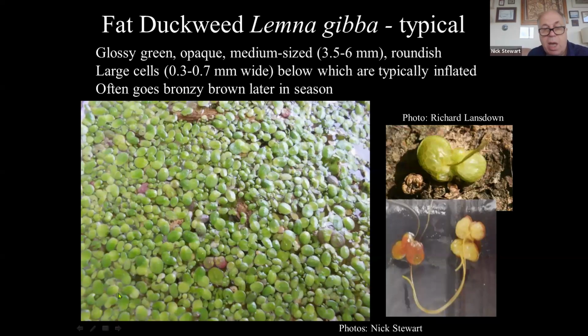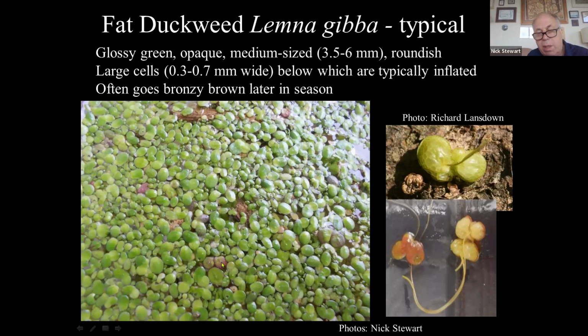Often also, particularly later in the season, it goes a sort of bronzy or slightly purplish color. That's another distinctive thing, which Lemna minor can be green, can have some reddish purple colors, but it's predominantly a green plant.